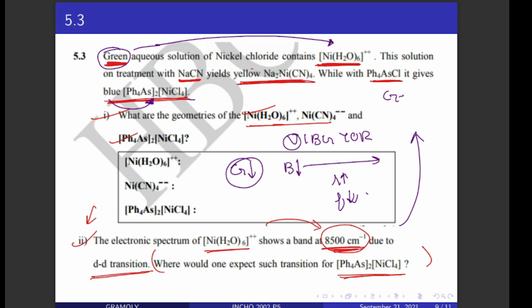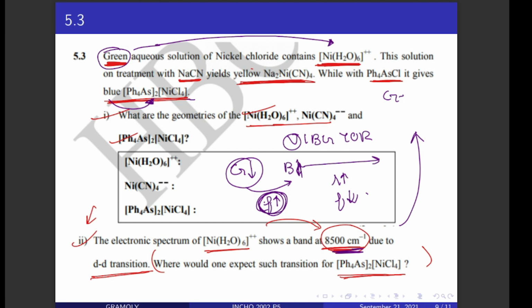So when we are moving from green to blue, there is an increase in frequency. So it shows that this complex shows a band at a higher frequency, but do not dare to make the mistake of saying that there would be an increase in frequency.